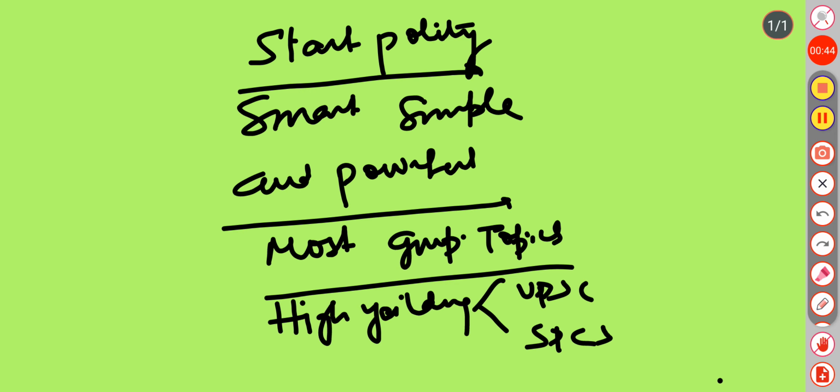And definitely, maximum questions come from Lakshmikant and some relevant sources, right? So I will recollect all those things and deliver them to you. Okay, so let us start Indian polity and constitution.